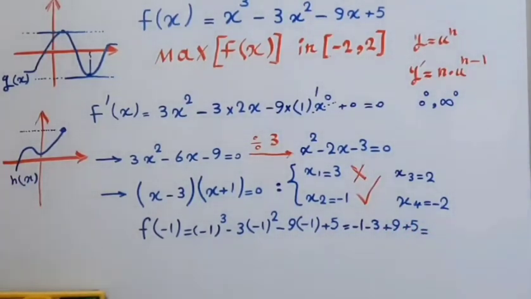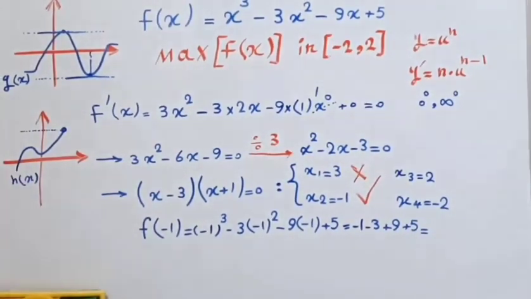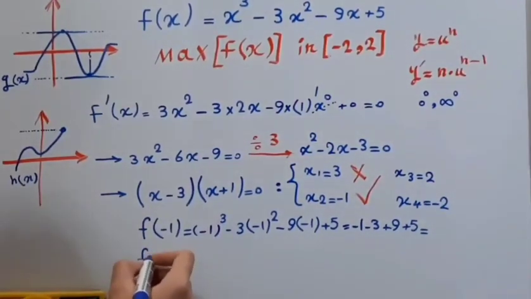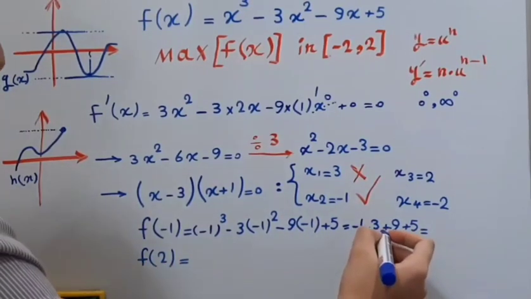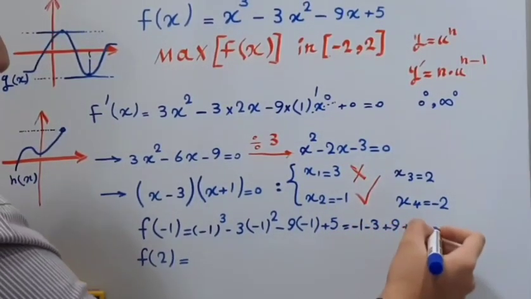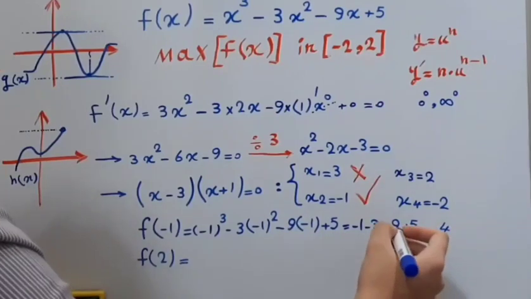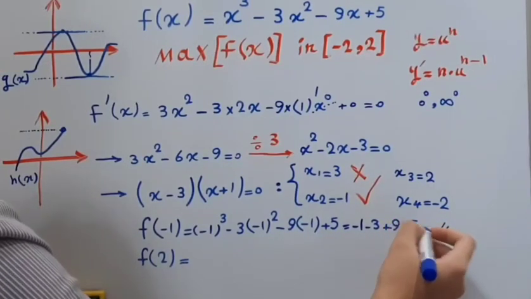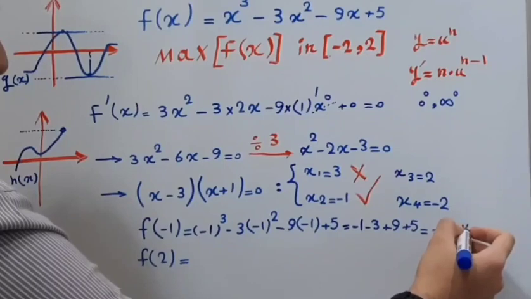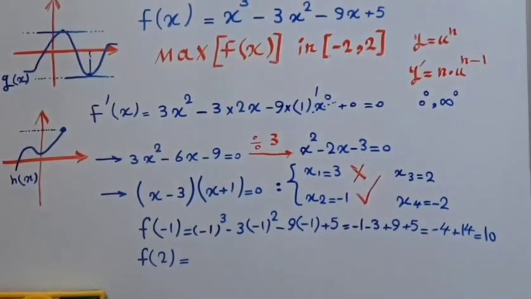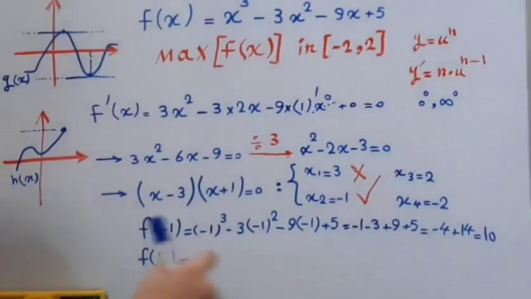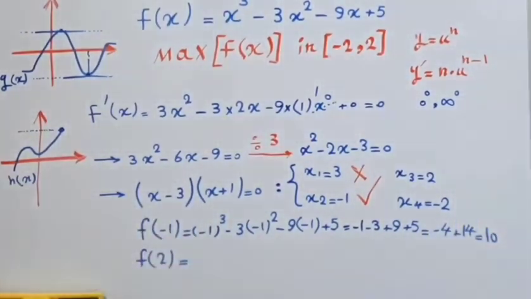Okay. And f of 2 is going to be, let's simplify this, minus 4 plus 14, that would be 10. Okay, f of minus 1 is 10.